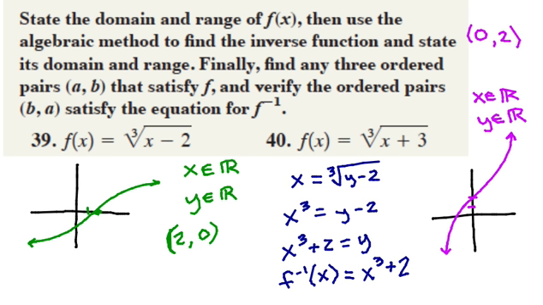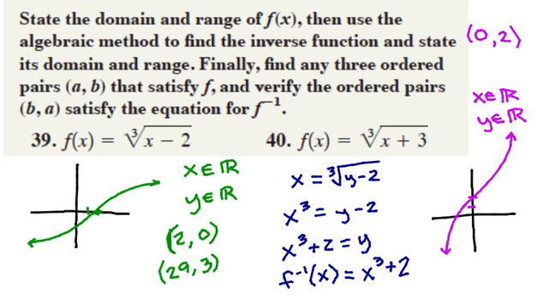They just want you to do this 3 times. Another easy number, like you were saying, was 27. What would I need to plug in to get 27? 29. Good. If I plug in 29 for x, 29 minus 2 is 27. The cube root of 27 is 3. So we would expect in the inverse that the coordinate point 3, 29 should exist.